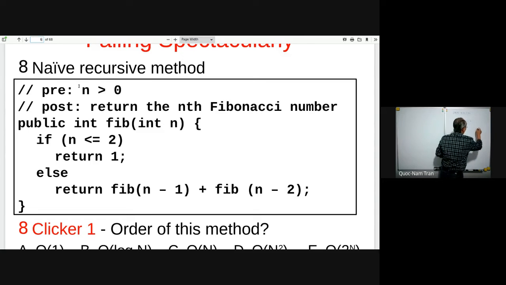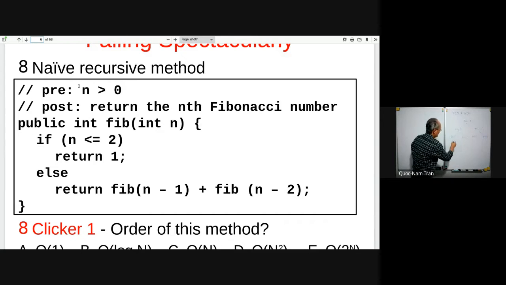And then here will be fib of 4 plus fib of 3, right? And then here we have fib of 3 plus fib of 2.